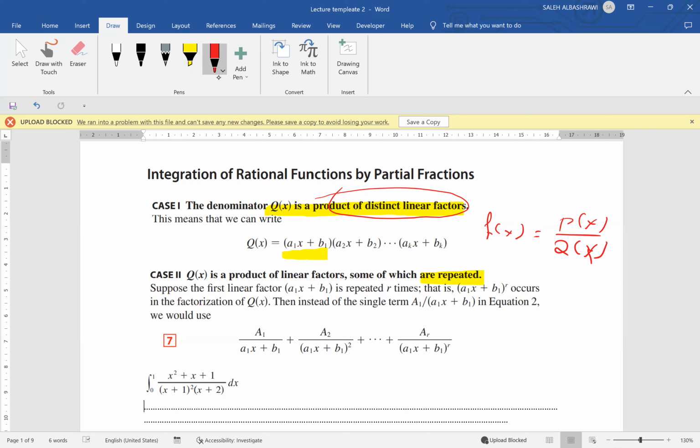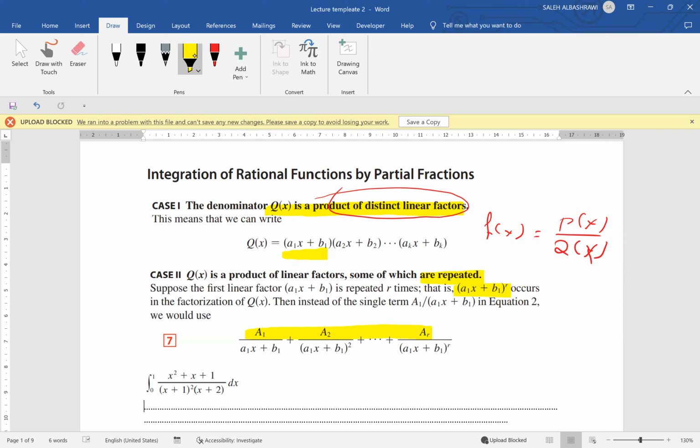Then we can write the fractional function as a combination of different fractions with different constants. If we have a1 x plus b1 to power r, this means we are going to have r different constants, A1, A2 up to A sub r for that factor.